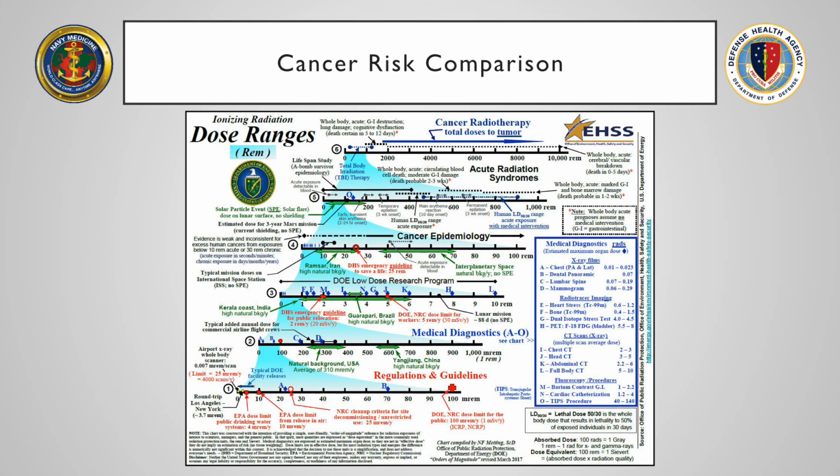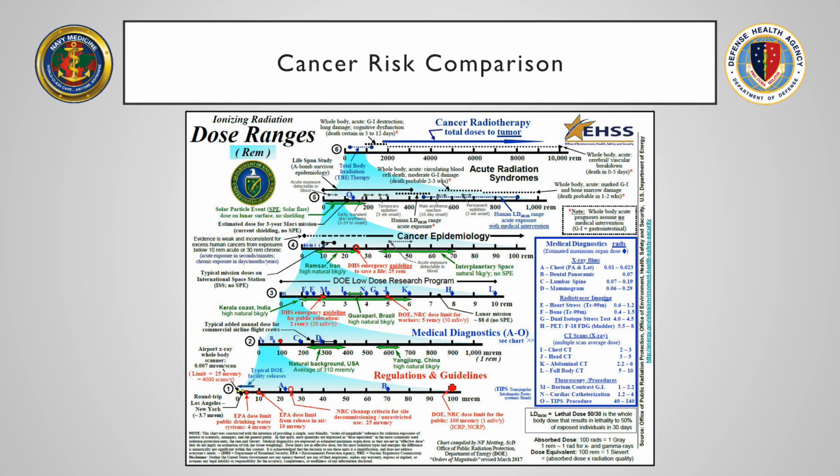And then starting at the top, note that it says dose ranges. So that means it has all of the ranges in a logarithmic scale. So it goes 0 to 10,000, 0 to 1,000, 0 to 100, 10 rem, 1,000 millirem, 100 millirem, et cetera, et cetera.